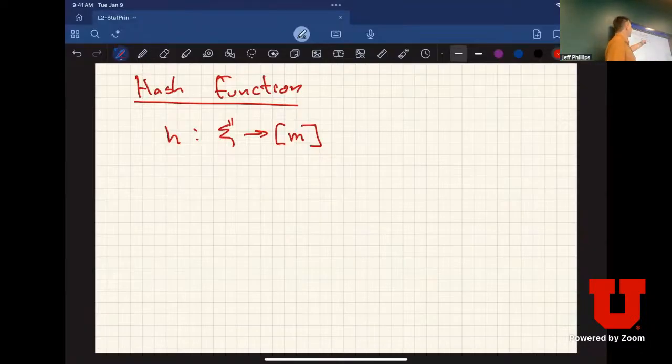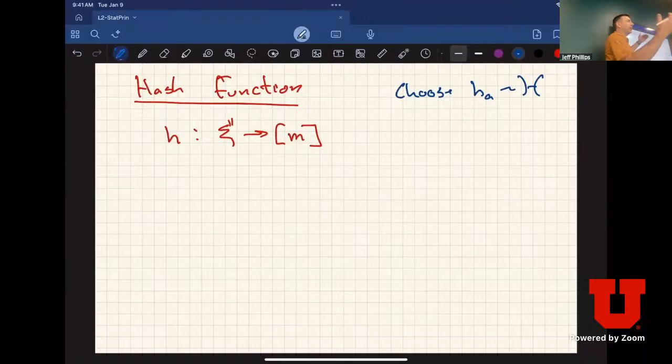Also, if I get numbers, it'll map it to a random spot here. If I choose my hash function h from a distribution of hash functions, this is how you would implement a hash function. You would choose a random one. Then this choice of the hash function is random, although this map is deterministic.